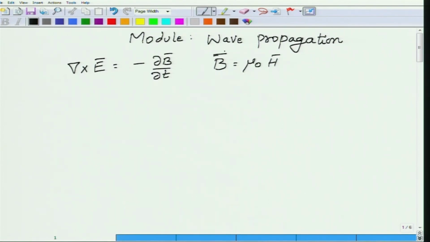That's the simple relationship between magnetic flux density B and magnetic field H. Therefore, substituting for B equals mu 0 H in this Faraday's law, you get minus mu 0 del H by del t, which is the curl of electric field.